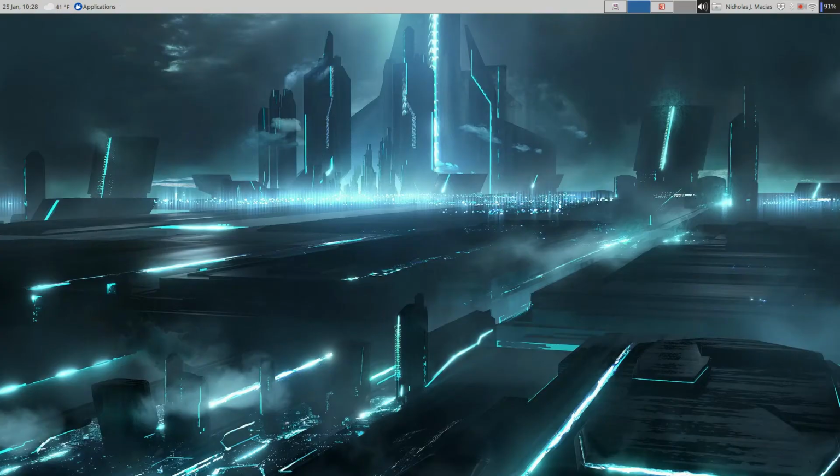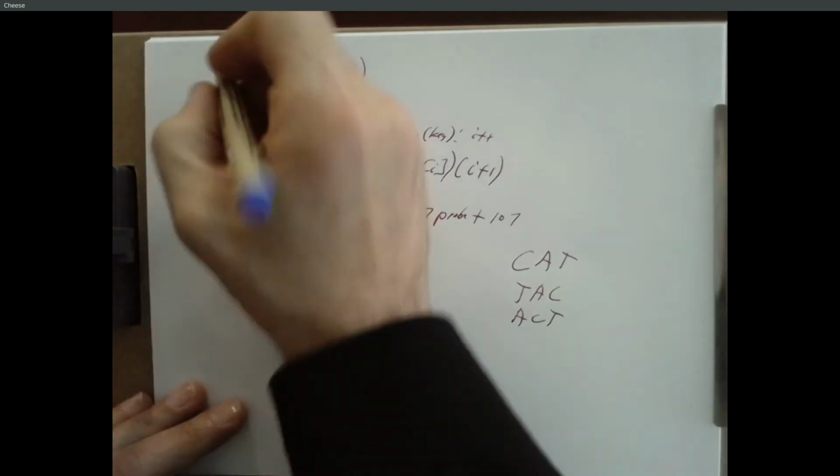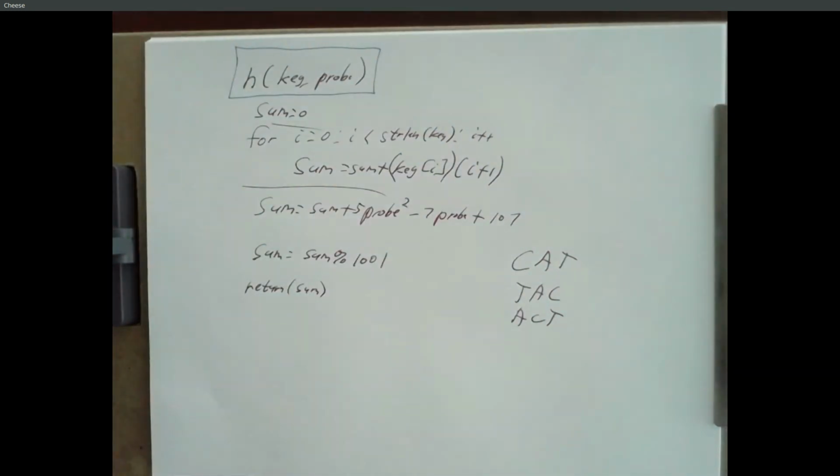So hash functions can be complex and beautiful. We're not going to spend too much time thinking about particular hash functions. What I want you to take away from this is that our hash function, whatever it does internally, looks like this.